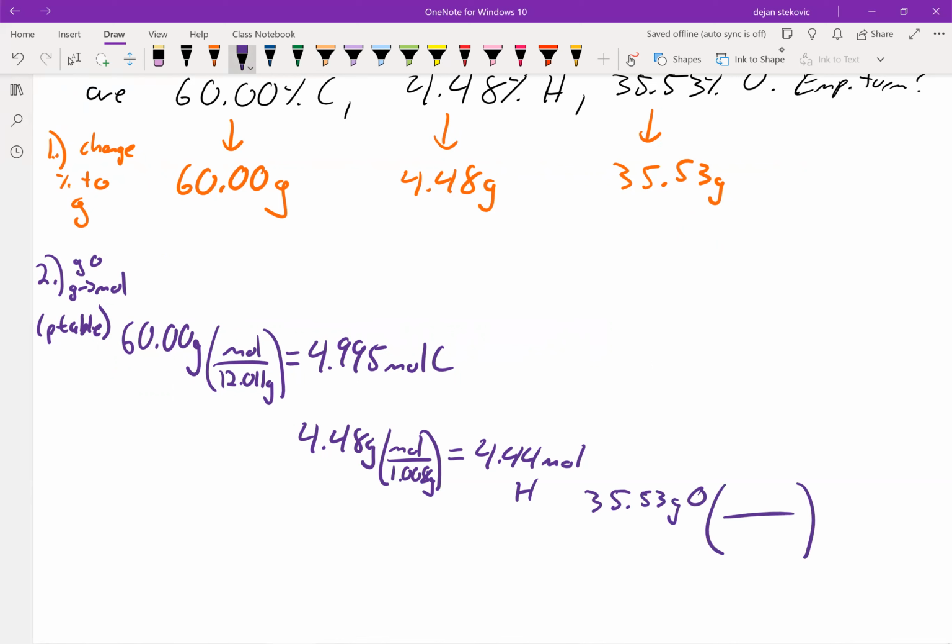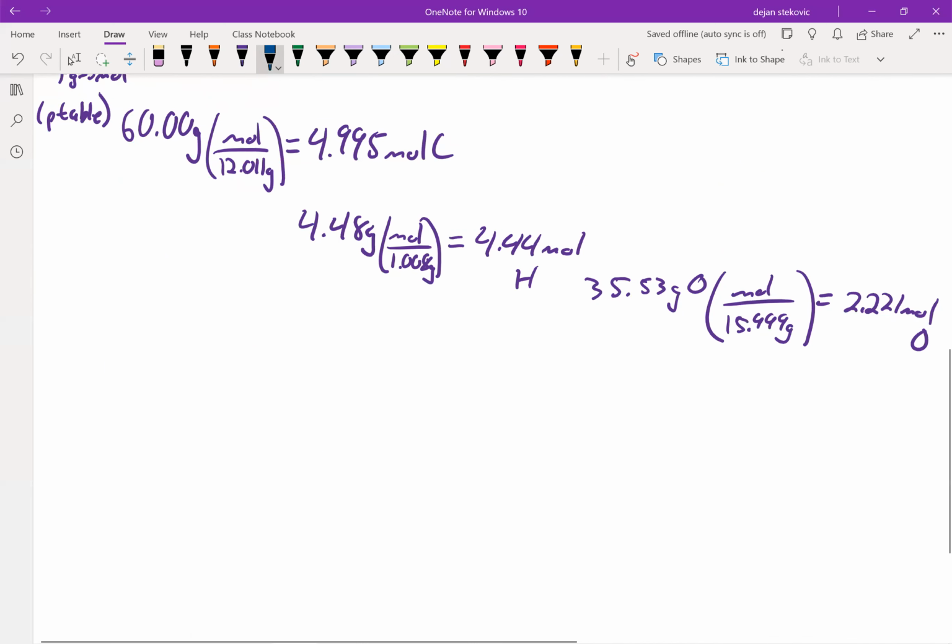Take a look at oxygen's mass on the periodic table. You get 15.999 grams per mole. You end up with 2.221 moles of oxygen. So what we've done is we've converted the grams to the moles. And then if you think about the chemical formula, that's by count, which is what moles are.